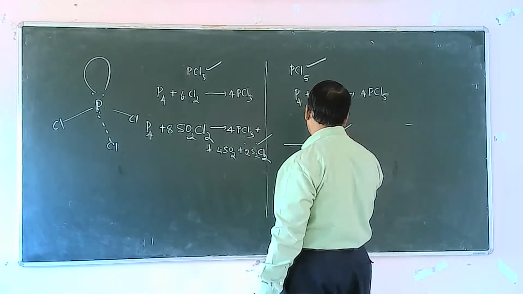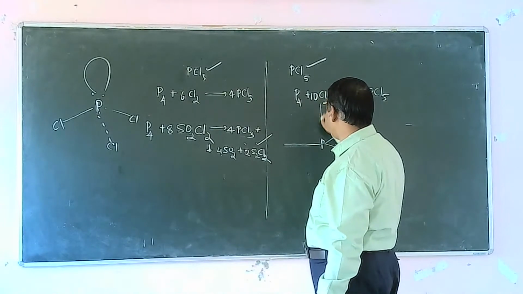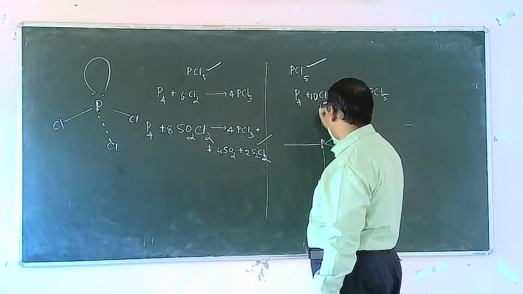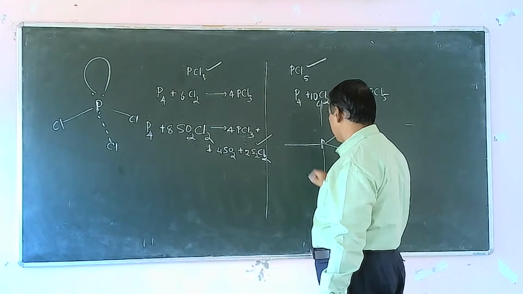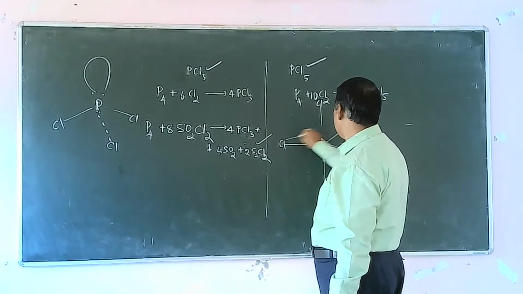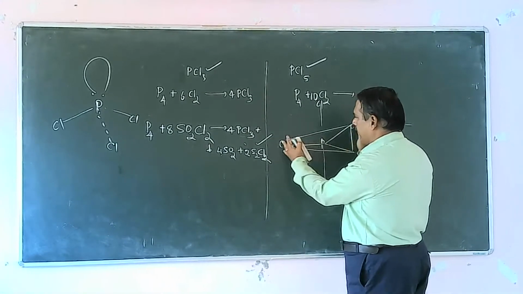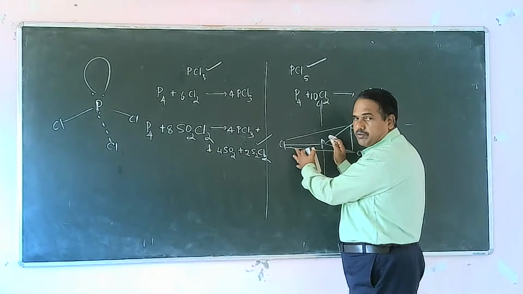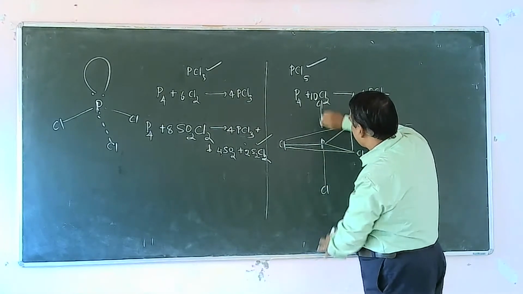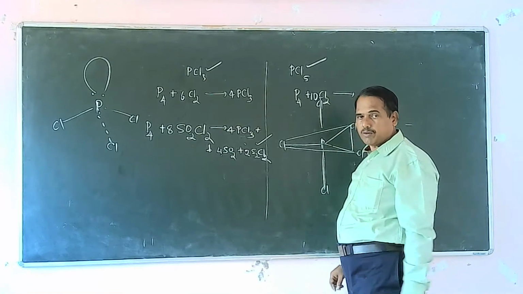So it has three equatorial and two axial bonds. See, these three are equatorial. In these equatorial bonds the repulsion is less, and the two axial bonds will have more repulsion. This point you have to remember.